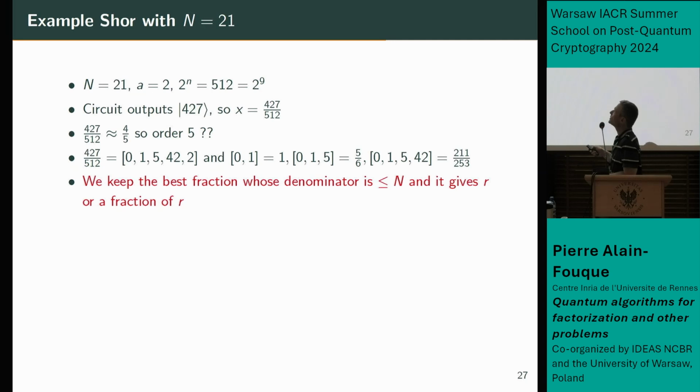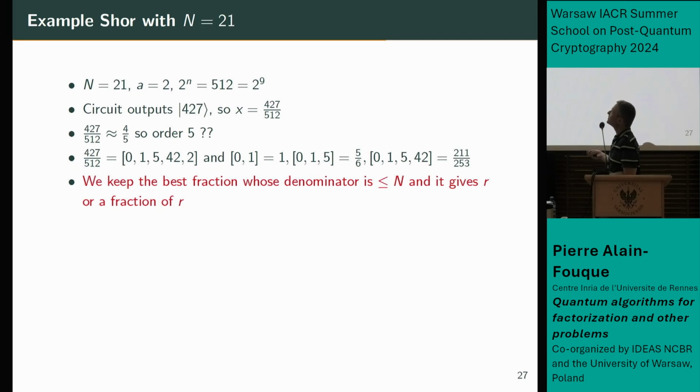And now the question is, what is a good approximation of this value? Okay, so if you just divide everything and look at the closest small integer representation of this value, maybe you can see that a good approximation will be 1/5, 4/5, and you can maybe assume that the order is 5. Okay?